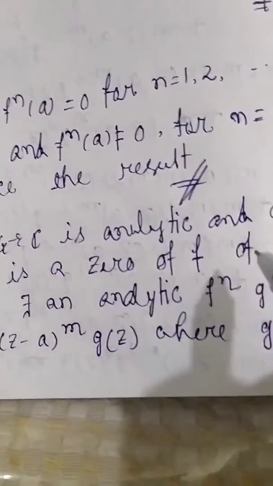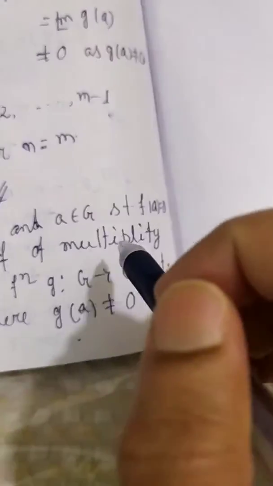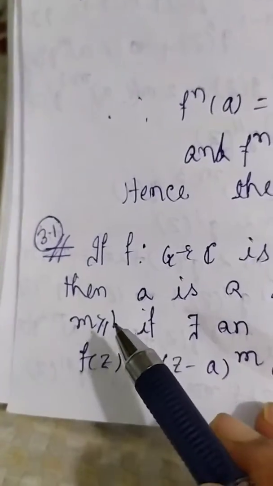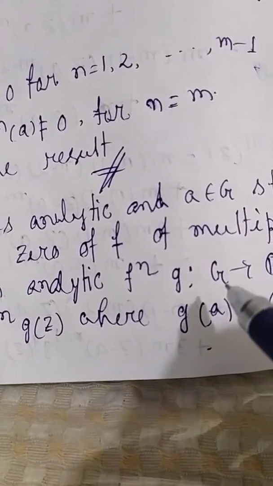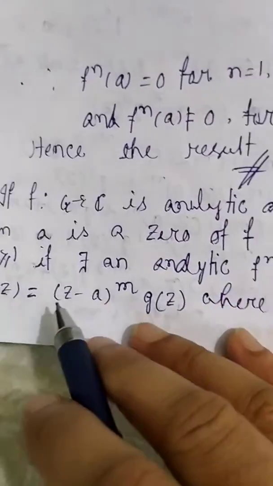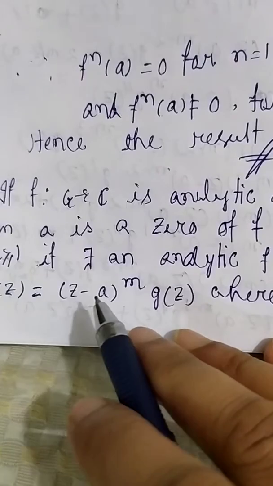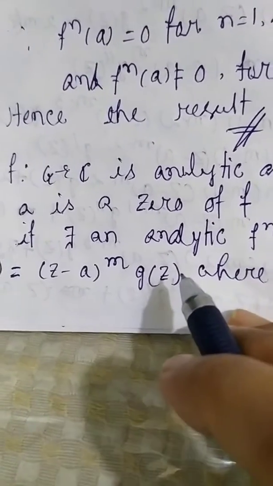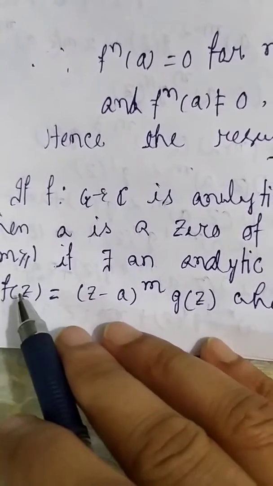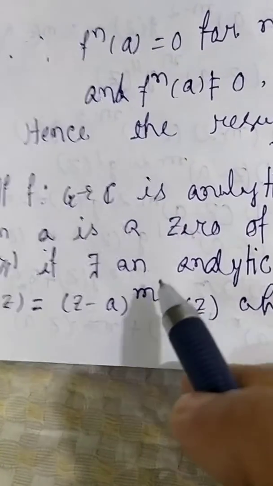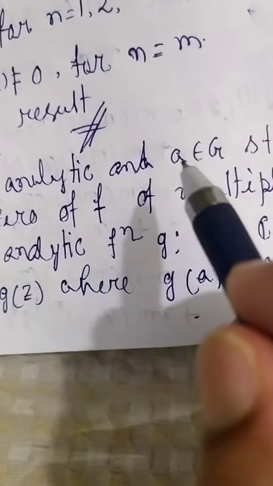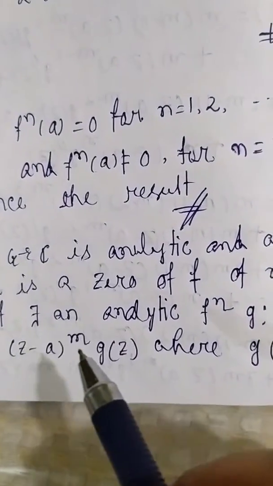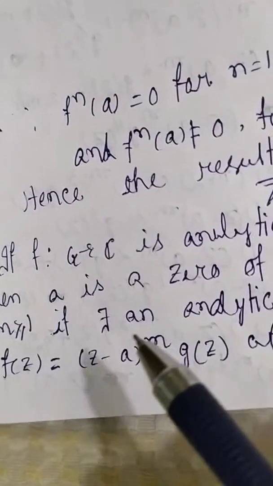We say that a is a zero of f of multiplicity m, m greater than or equal to 1, if there exists another analytic function g on G such that f of z can be written as (z minus a) to the power m into g of z, such that g of a is not equal to 0. Then we say that a is a zero of multiplicity m.